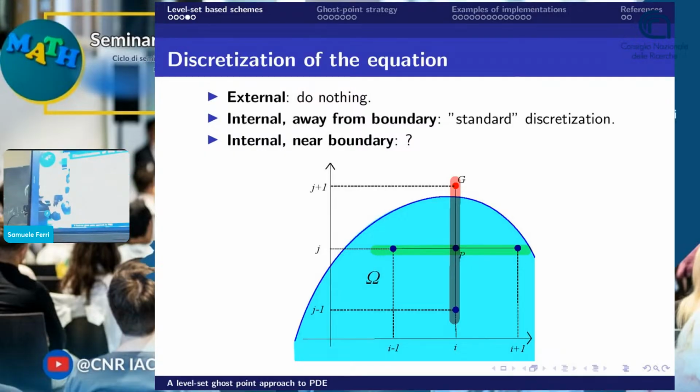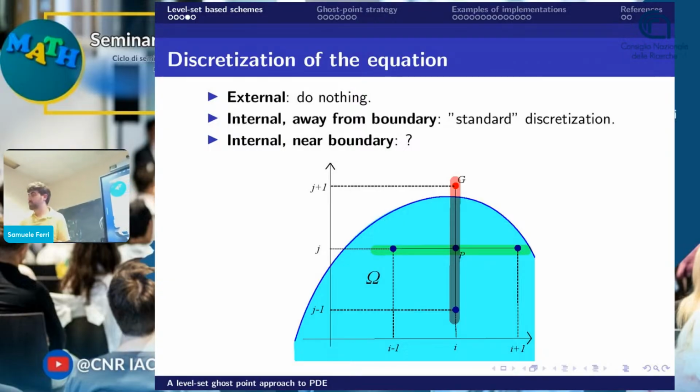In this case, we need to firstly classify the points on the external part of the domain, and then find a way to use this kind of points. So in this framework, we say that a point on the external part of the domain, which is near to the level set, the function, is called a ghost point.